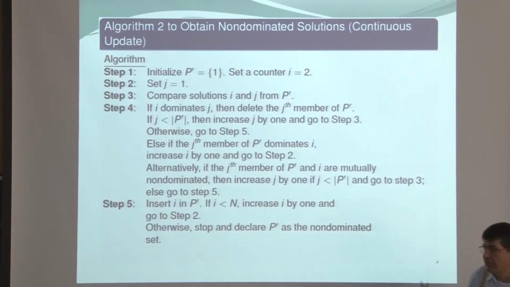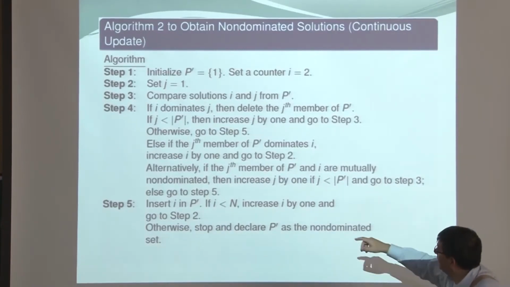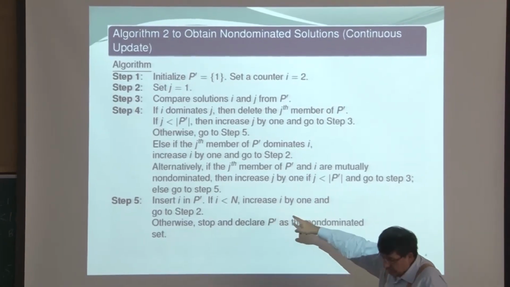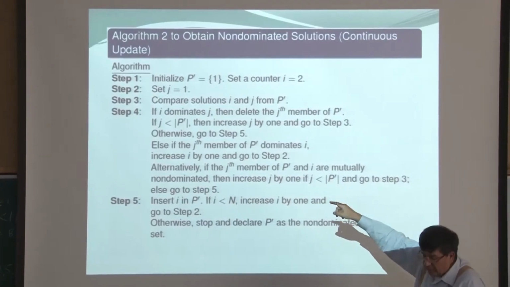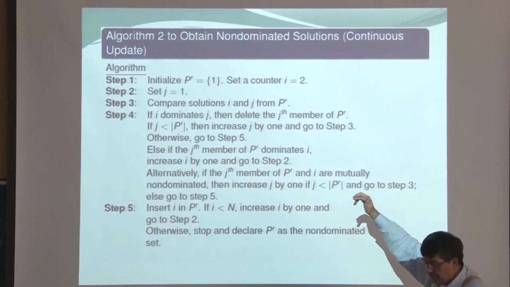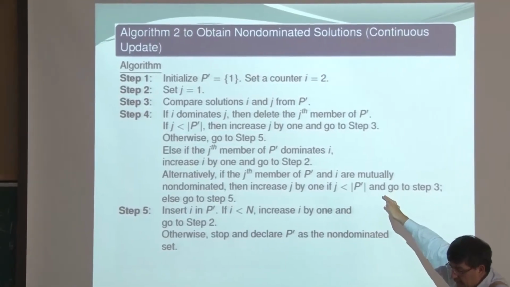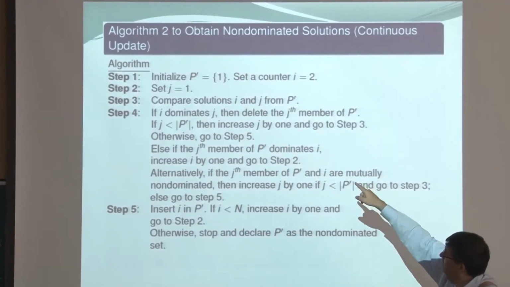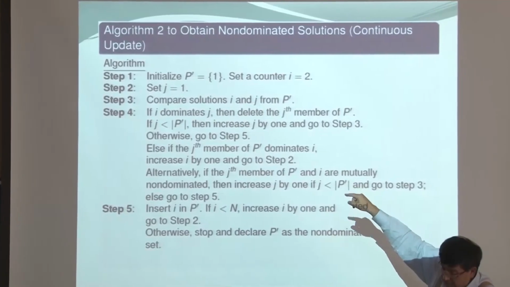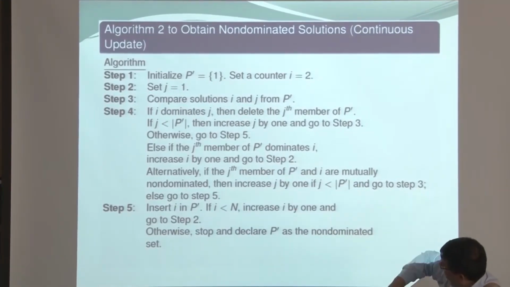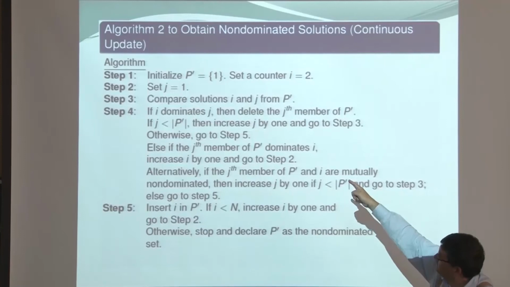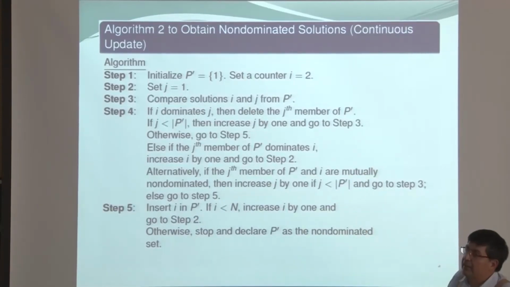So now I will be 3. And when I is 3, you have to start again with j equals 1. You compare solution 3 with P1 prime, so the first element of P prime. Then you compare in the opposite direction, this first element with the third solution.